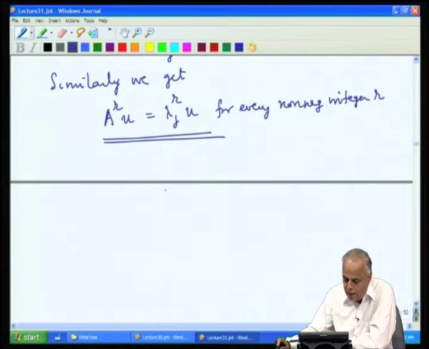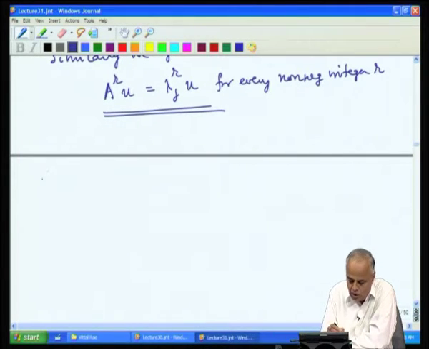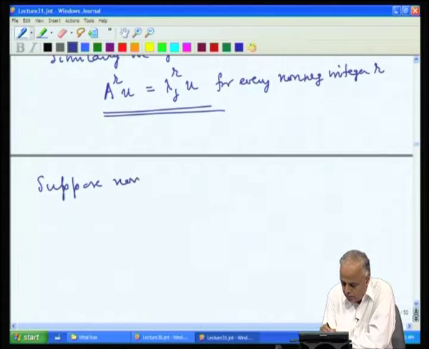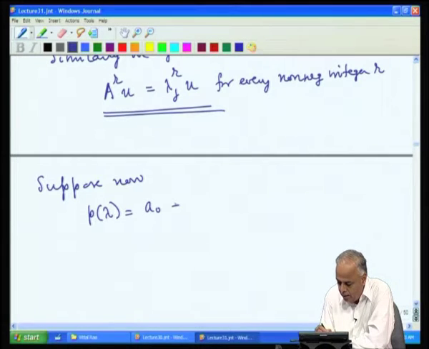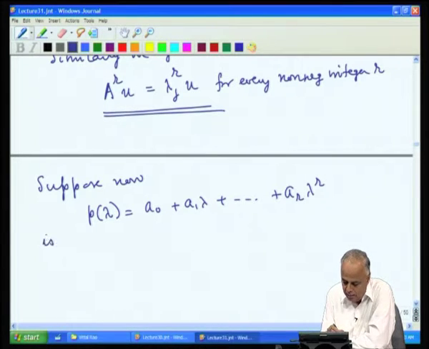Now, this has an additional implication. Suppose now P of lambda is equal to a naught plus a 1 lambda plus a r lambda power r, any polynomial with complex coefficients.